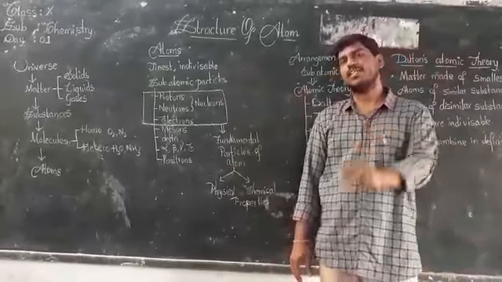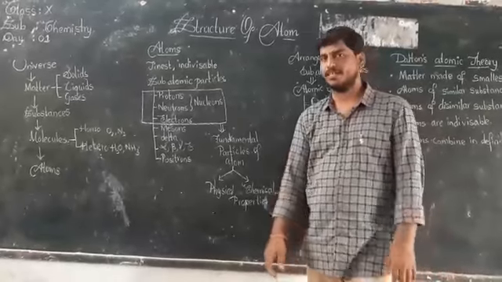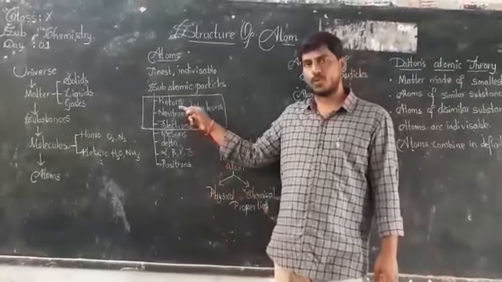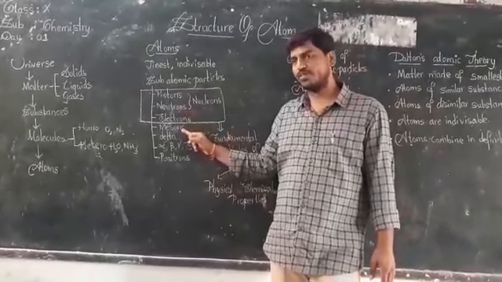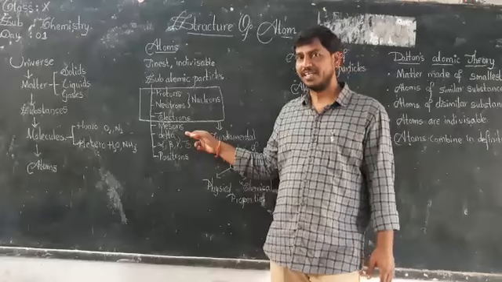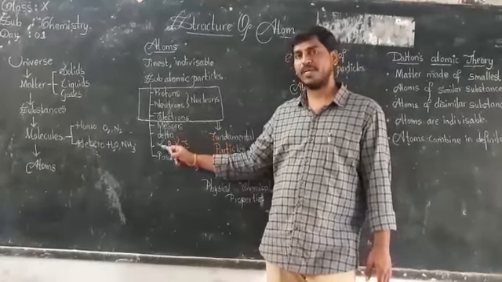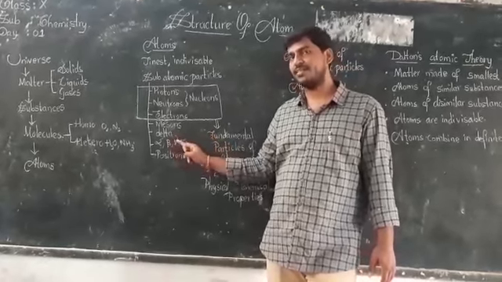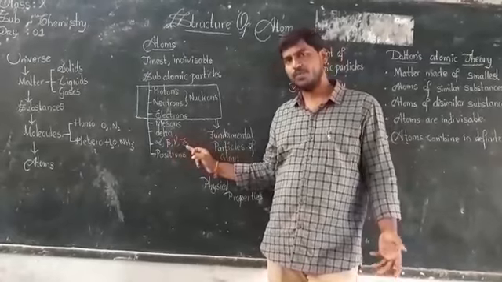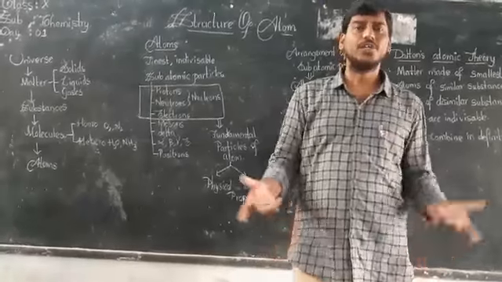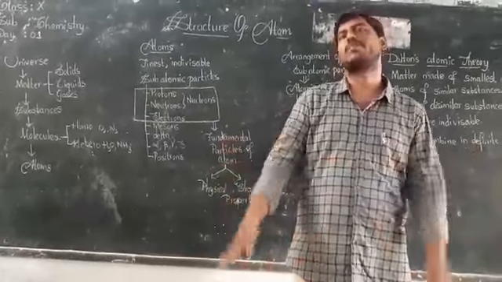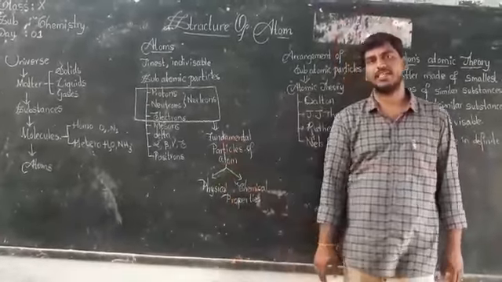The atom contains a number of subatomic particles, like protons, neutrons, electrons, mesons, pi mesons, delta particles, alpha particles, beta particles, gamma particles, mu particles, epsilon particles, positrons and neutrinos.